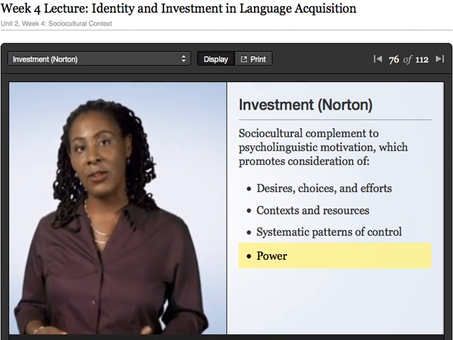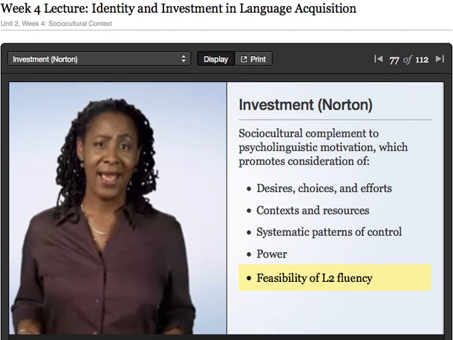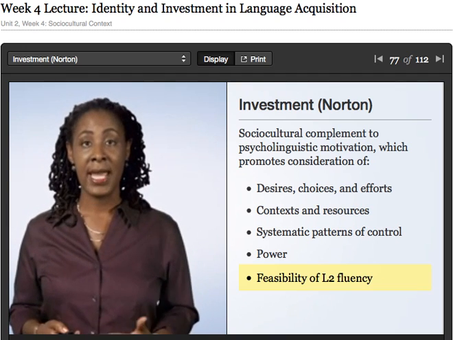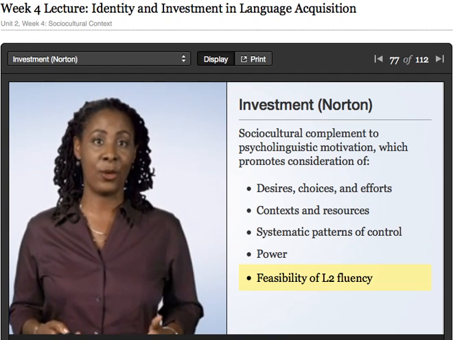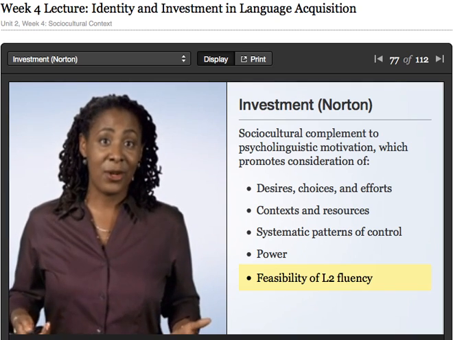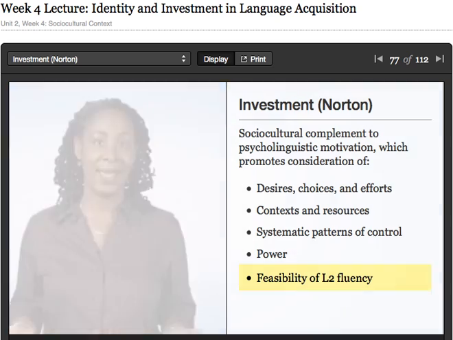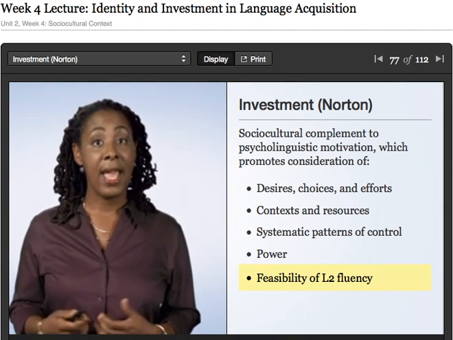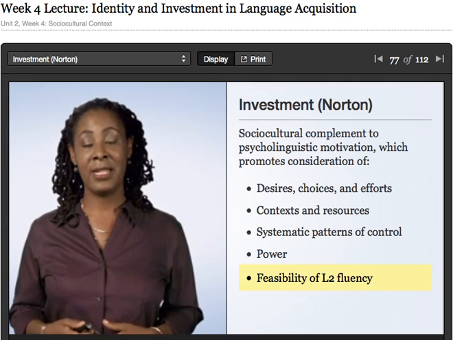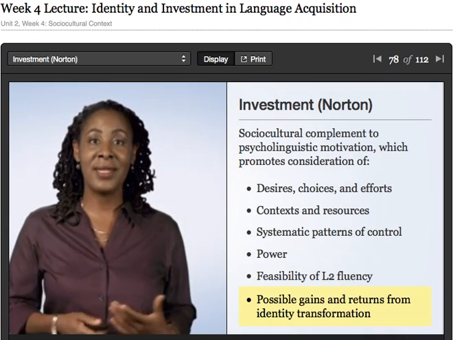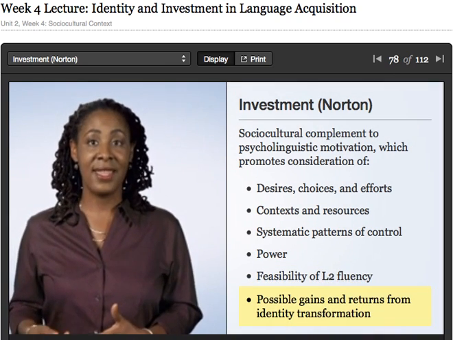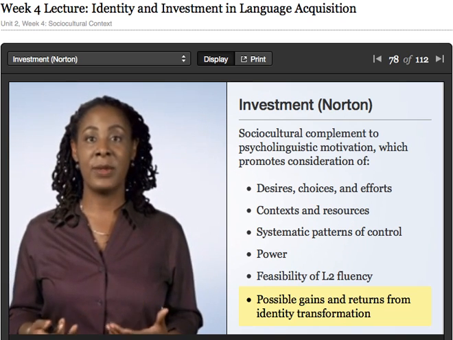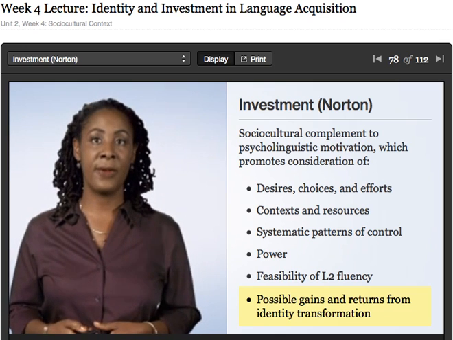Investment asks us to also think about the feasibility of fluency. Learners are thinking about it too, and their choices and their efforts in participating in the activities in your classroom are also determined by how possible they think that fluency will come as a result of this participation. And learners, when we think about investment, are also contemplating the possible gains and the returns that are available to them from engaging or as a result of engaging in identity transformation.